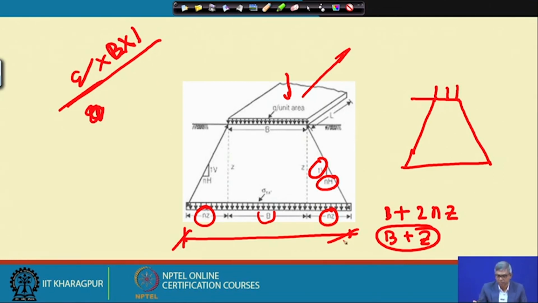The width will become B plus Z, and similarly the unit width will also change. Divided by this, that will give you the pressure intensity at this point, and the pressure intensity will be reduced. That is generally what we take, and it is called trapezoidal dispersion. It is the simple way we sometimes calculate in practice.